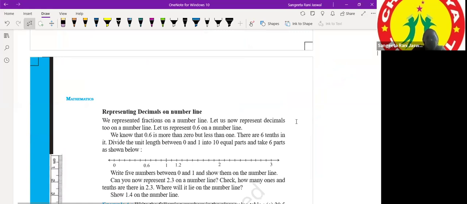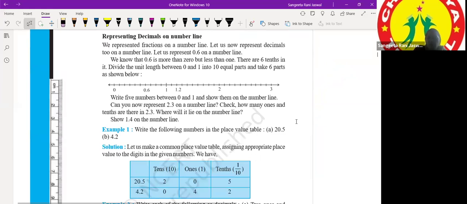So, representing decimals on the number line. Okay, on the number line you can see here. Can everyone see? Yes, ma'am. Okay, so you have 0, 1, 2, 3. These are the numbers here. In between you have these small markings, right? On your scale also you can see these types of markings, no?